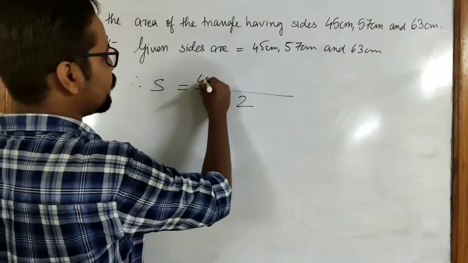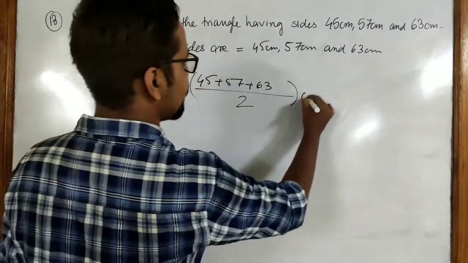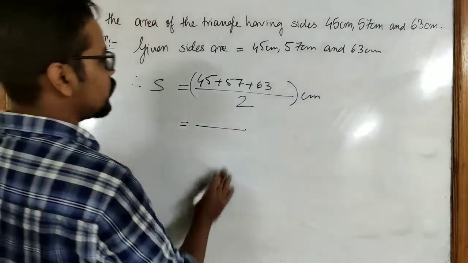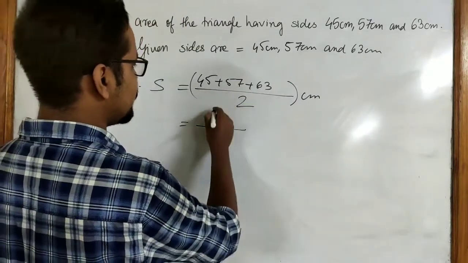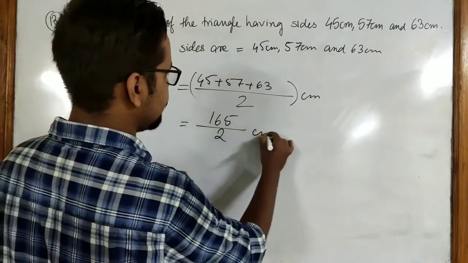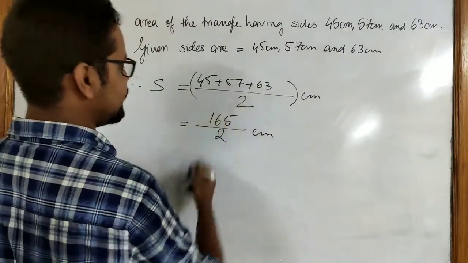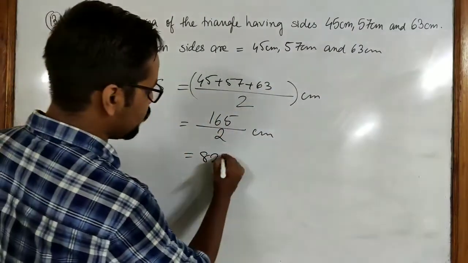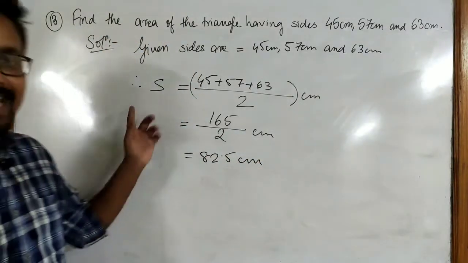So we need to add 45, 57 and 63 and divide it by 2. How much do we get here? We have 165 by 2 centimeter. So it is going to be 82.5 centimeter. So this is the value of S.